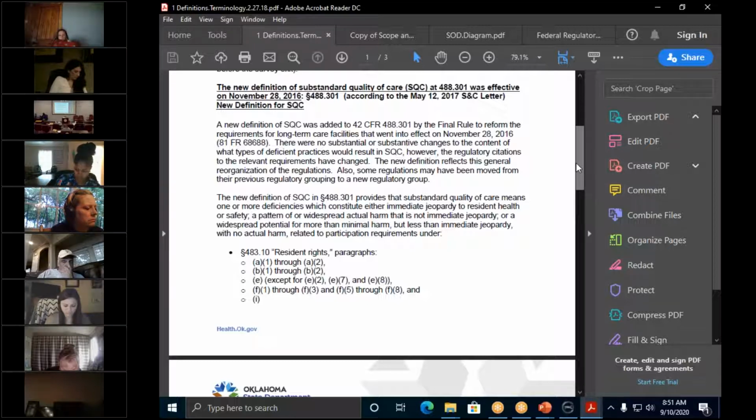So the new definition provides that substandard quality of care means one or more deficiencies which constitute either immediate jeopardy to resident health or safety, a pattern of widespread or actual harm that's not immediate jeopardy, or widespread potential for more than minimum harm, but less than immediate jeopardy with no actual harm.